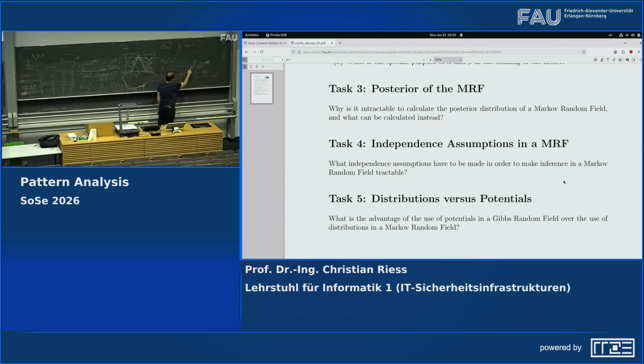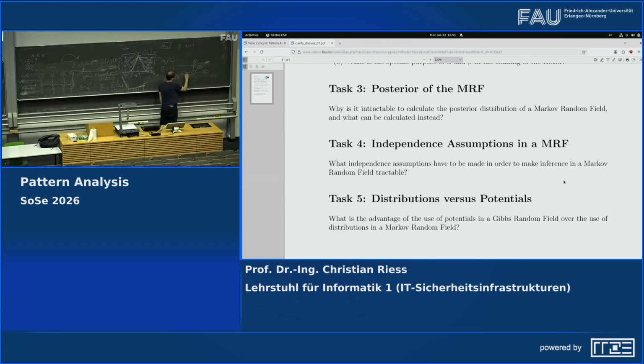Because with the transition to a Gibbs random field, instead of specifying this as a joint distribution, you can also specify this as a potential that consists of e raised to the power of minus an energy function involving these variables.